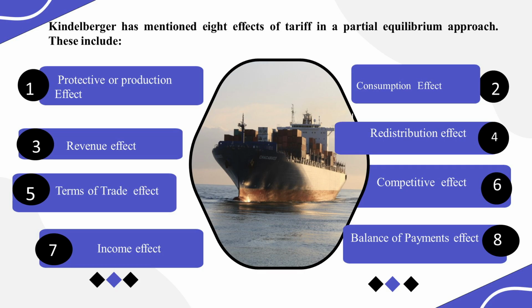Number 5, terms of trade effect. Number 6, competitive effect. Number 7, income effect. And number 8, balance of payments effect. So, we are going to discuss the various effects of partial equilibrium analysis under tariff imposition.